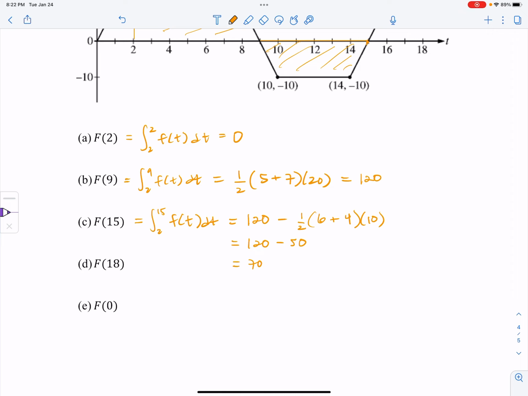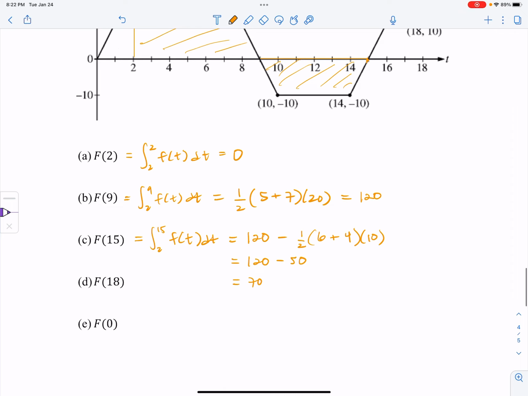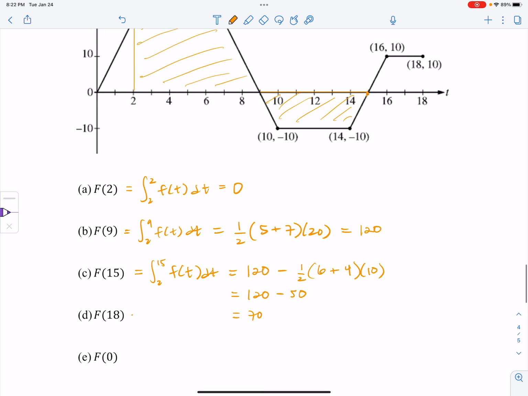Okay. And then F of 18 would be 2 to 18. So we can actually take what we have here. I'm going to move this over here. We can take the 70, and then we can add this positive area, which we can calculate using area of a trapezoid again.